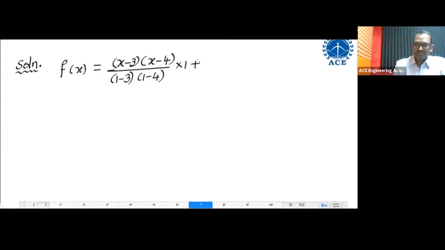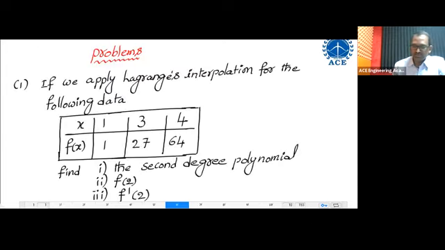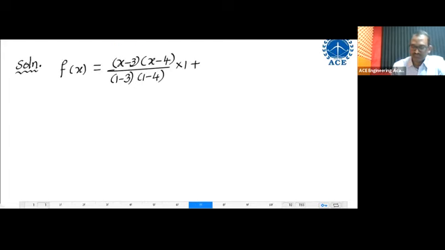Plus. You are writing the second term, so delete the second term. The numerator should be x minus 1 into x minus 4. You are writing the second term, no?